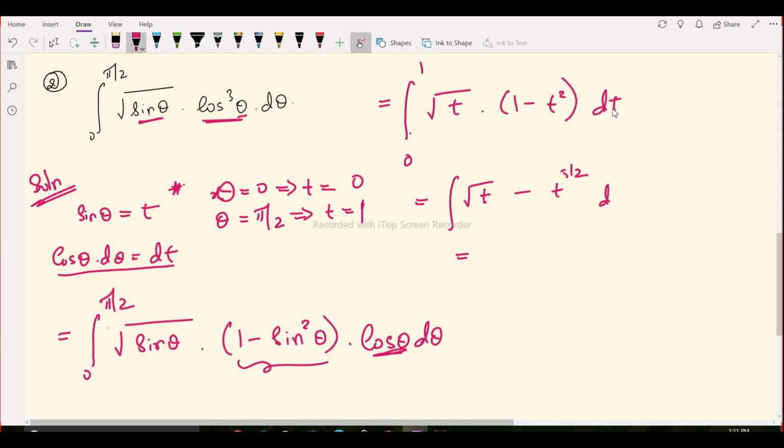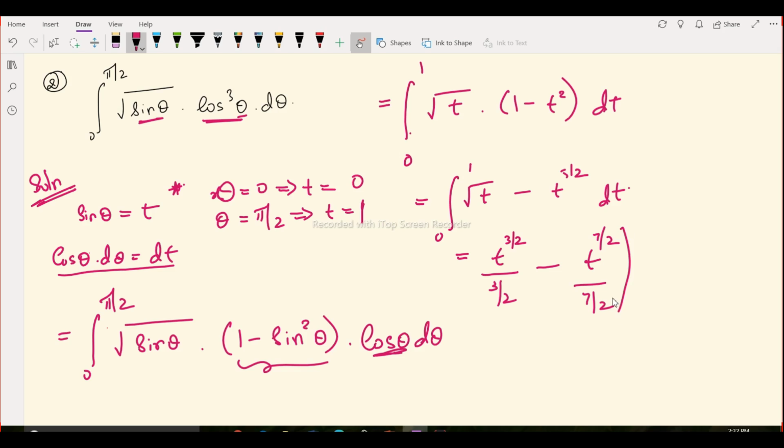Now with the limits 0 to 1, t raised to half integrates to t raised to 3 by 2 upon 3 by 2, minus t raised to 5 by 2 plus 1, that is 7 by 2, upon 7 by 2, with limits 0 to 1. Now you can put the limits, and that would be 2 by 3 minus 2 by 7. You can take the LCM and get the answer.